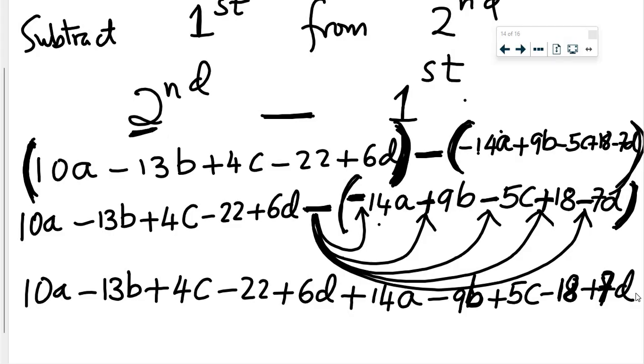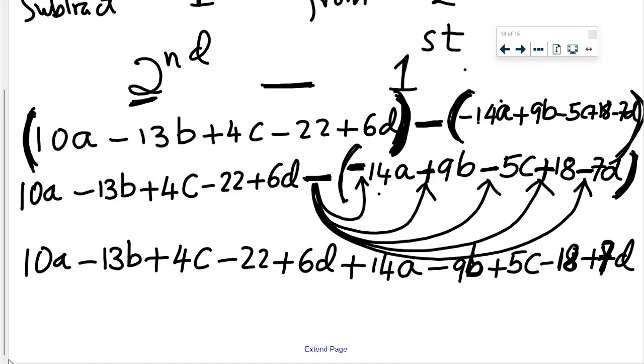Let me check. Plus 14a minus 9b plus 5c minus 18 plus 7d. Okay, keep going.